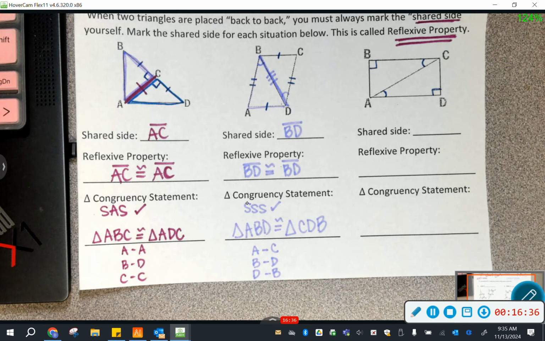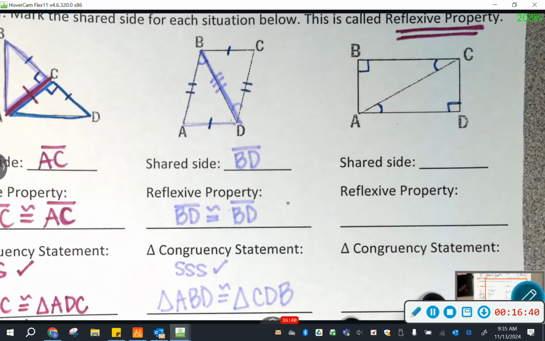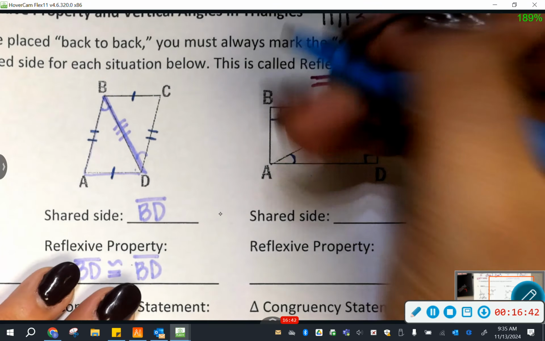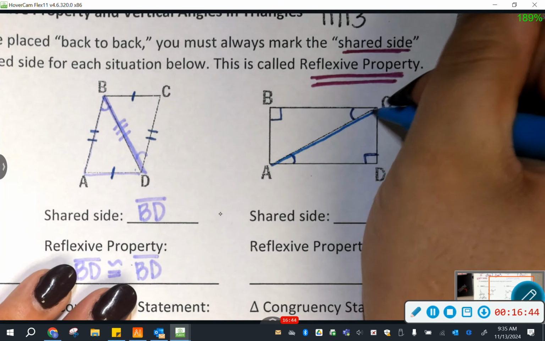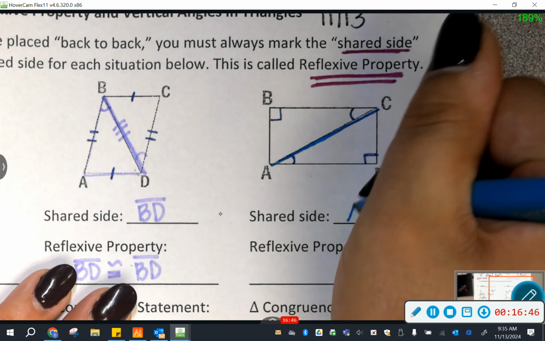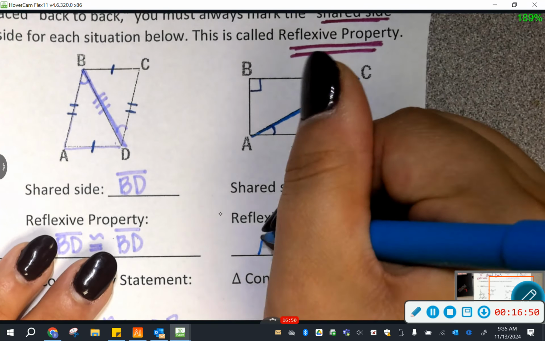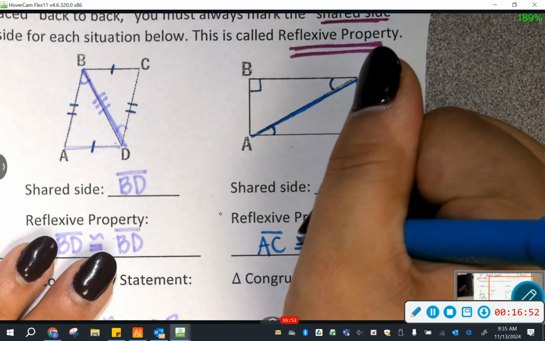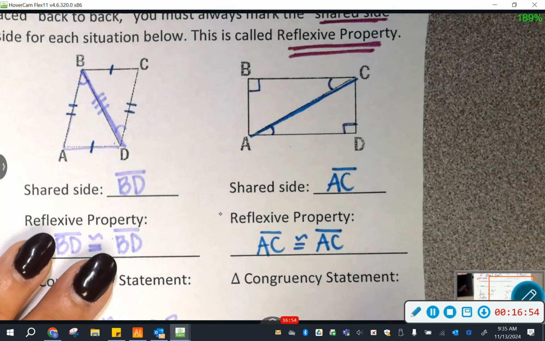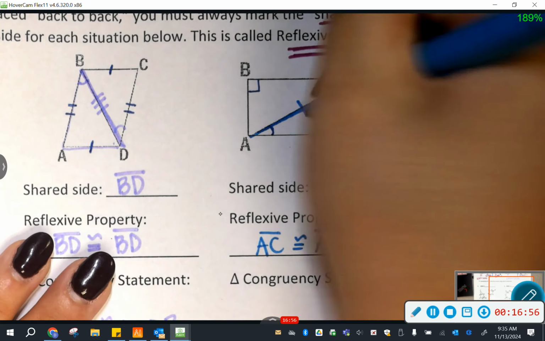Alright, last but not least. What is my shared side on this one? AC. Do y'all agree AC shares right there? So what's the reflexive property? Put a tick mark there.